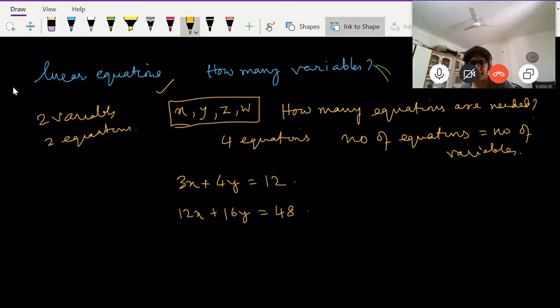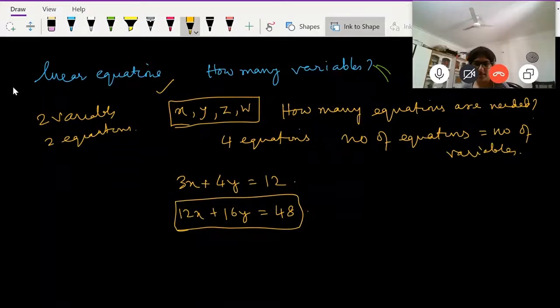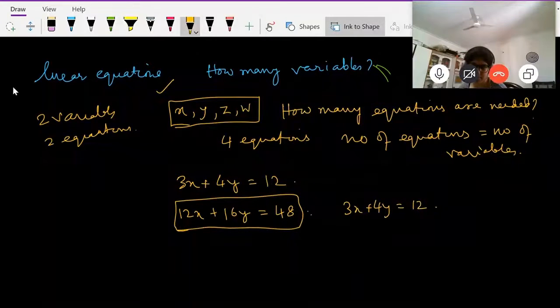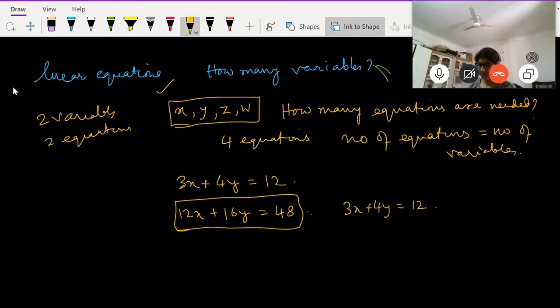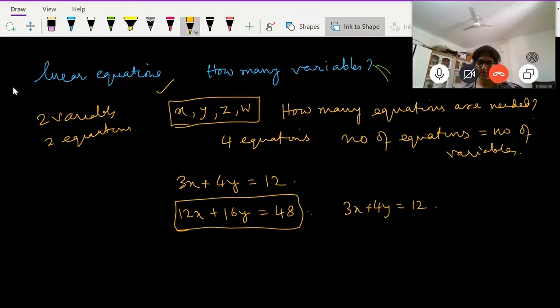You just have to notice the equations. See, in this equation, I can divide this by 4. If I divide this by 4, I will get the same equation, 3x plus 4y equal to 12. Which means that if the second equation is a multiple or a divisor of the first equation, then you will not have a single solution.